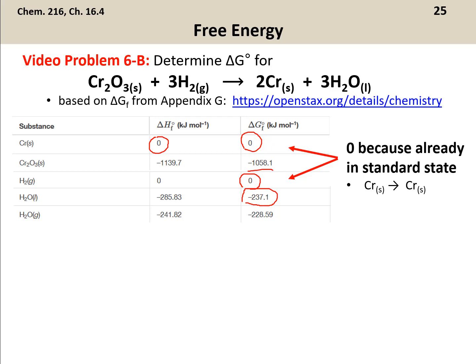Well, what's the constituent element of chromium? It's chromium. So I'm just doing chromium solid going to chromium solid. That's not a reaction, so it's 0. All right, so go ahead, do that, and then look over the video.